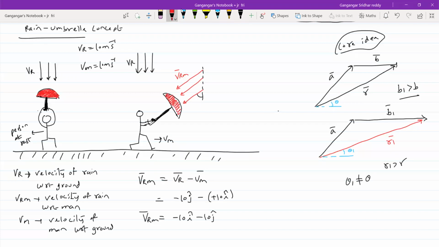Okay, let this angle be theta. Fine. So let's come to the mathematical part.